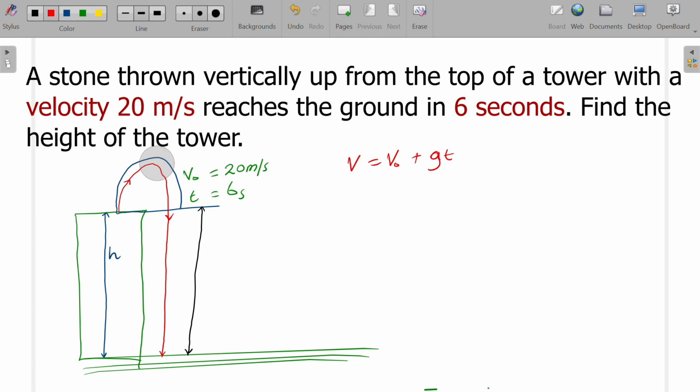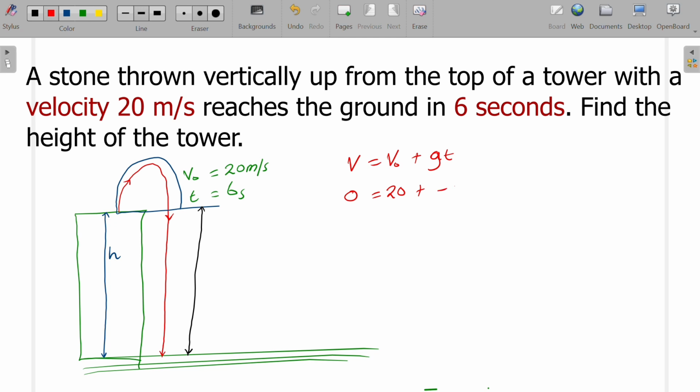So the final velocity at its highest point will be 0, and then it will start coming down. So on our final velocity v here, we put a 0, and this is equal to v initial, which we are given as 20, added to acceleration due to gravity. Since we are going upward, we are going against gravity, so gravity is going to be negative.